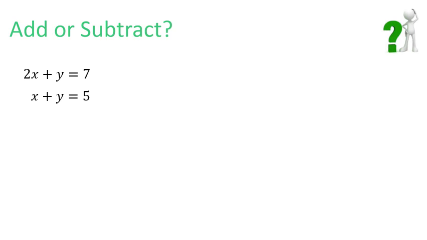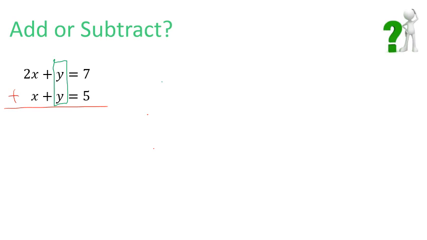Once we have our matching variable, we need to decide whether to add or subtract the equations. Our aim is to eliminate or get rid of the matching variable. So with this example here, my matching variables, these two here, 2x and x, they're not matching. So I need to decide if I'm going to add or subtract. Let's try adding.